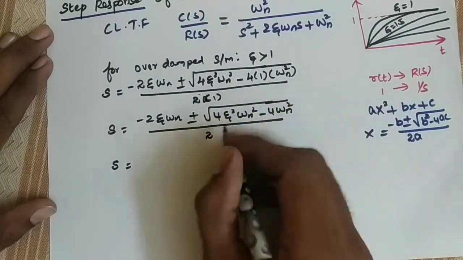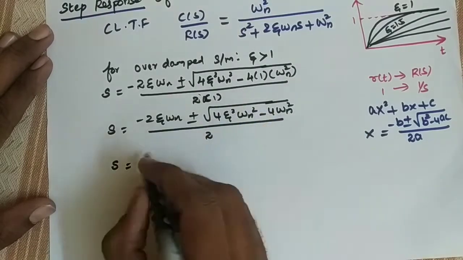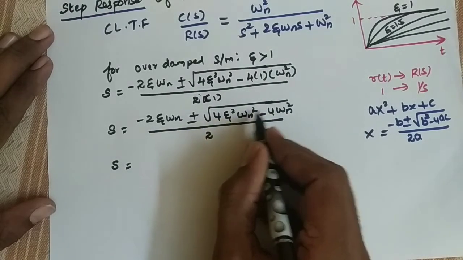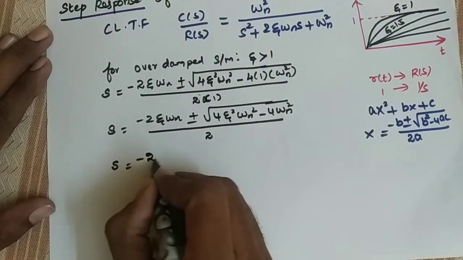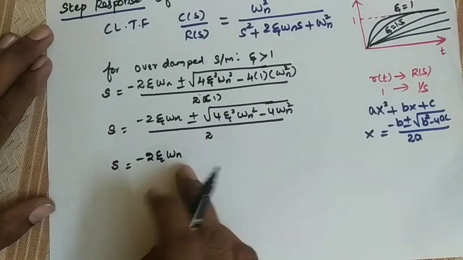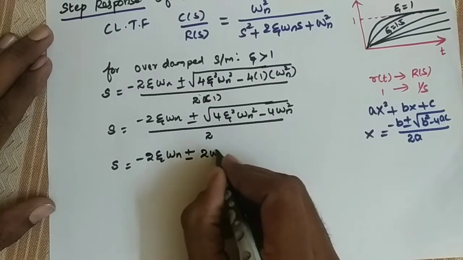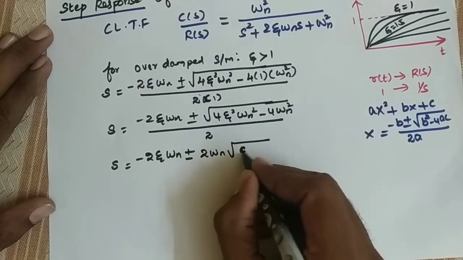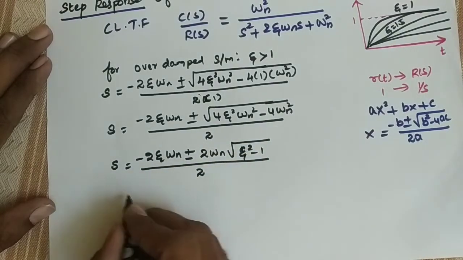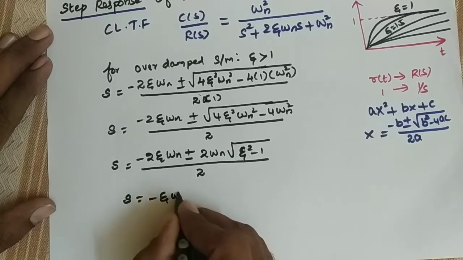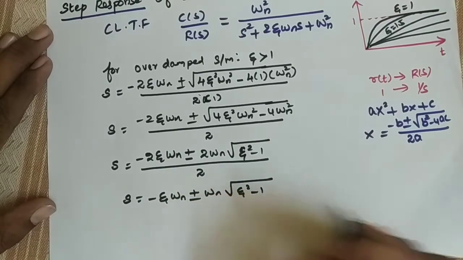Taking 4 omega n square common and out of the root, we get minus 2 eta omega n plus or minus 2 omega n root of eta square minus 1, divided by 2. So s equals minus eta omega n plus or minus omega n root of eta square minus 1.